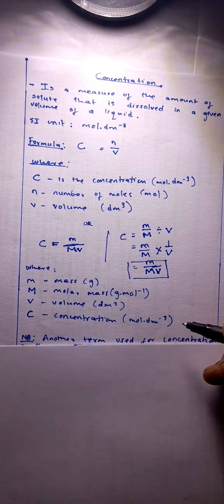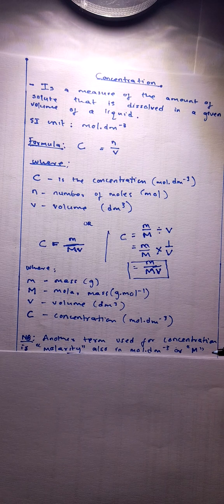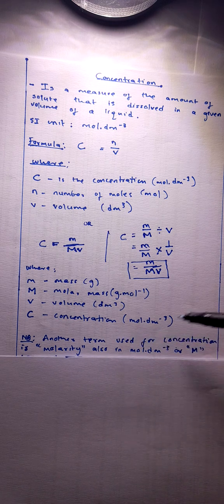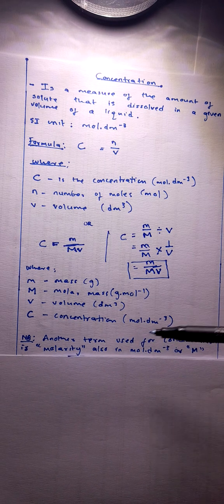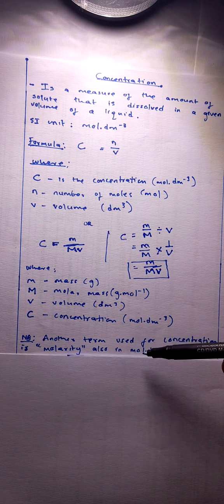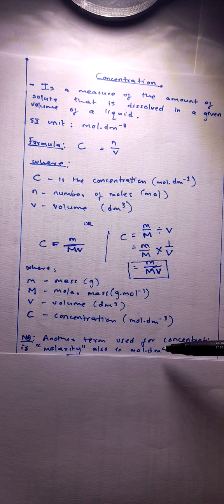Another term that we use for concentration, or that you can find, is molarity. They can say calculate the molarity of a substance, which also uses the same unit as concentration, mole per cubic decimeter.